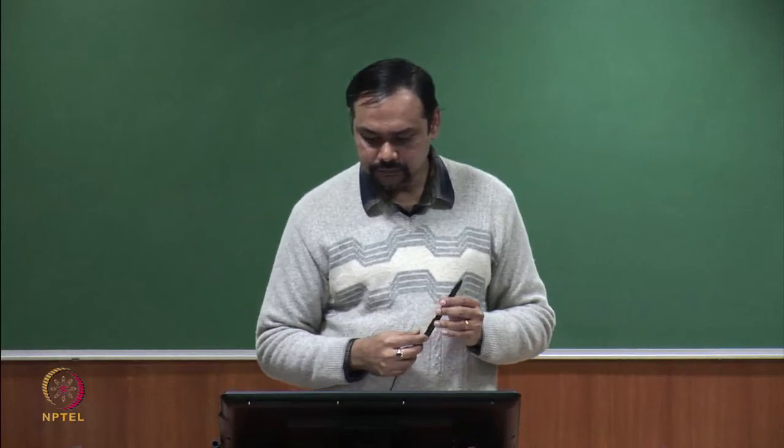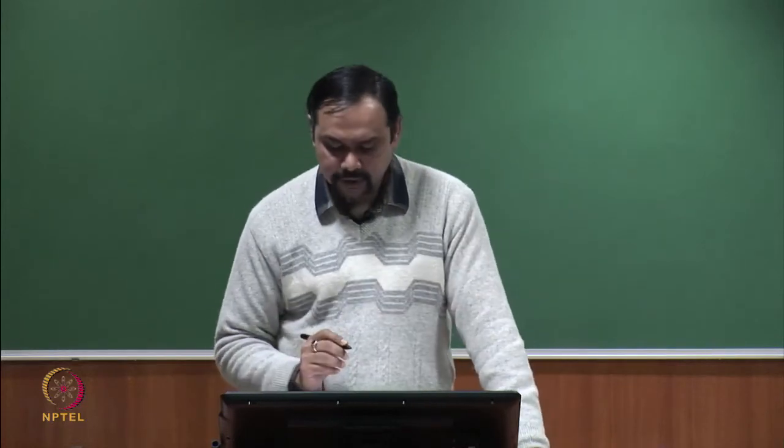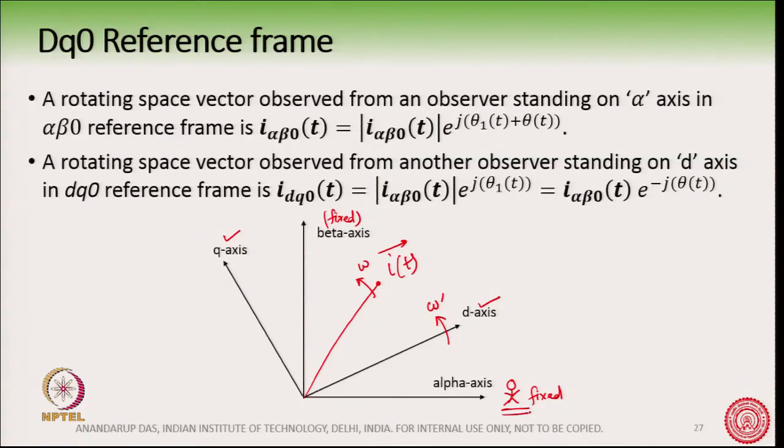Okay. Now, if you are an observer standing on the alpha axis, then what will you see? How will you observe the space vector? So, suppose this angle is theta and this angle is theta 1.